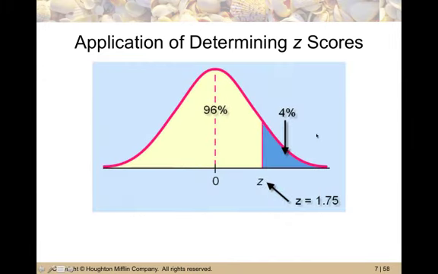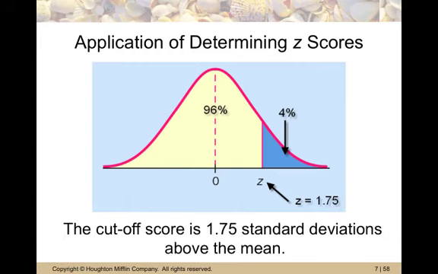Okay, so the student needs to be in the top 4%, which means 96% of scores will be below the student's score, and so you look up 0.9600 in your table, or you do inverse normal 0.9600 and you get a z-score of 1.75. So we know the cutoff score is 1.75 standard deviations above the mean.